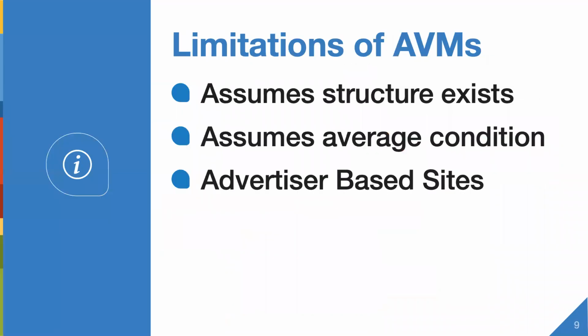Now, there are limitations of AVMs. It actually assumes that a structure exists. It does not take into account that it could have been destroyed by a natural disaster, whether it's a hurricane, a fire, a flood, or tornado, or anything like that. It doesn't know. And it also assumes that it's in average condition.